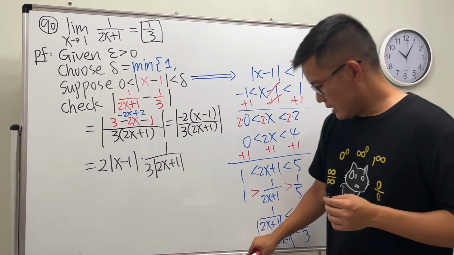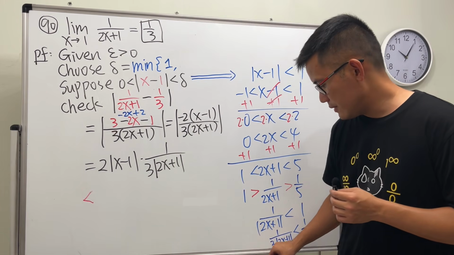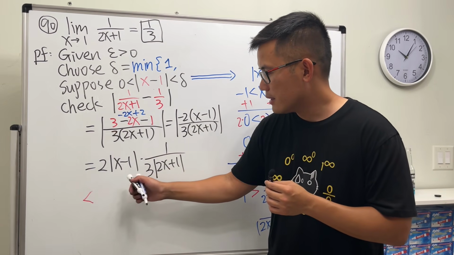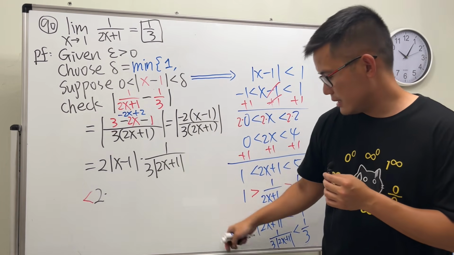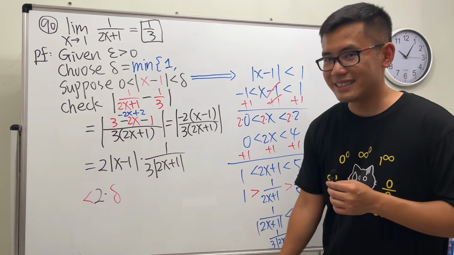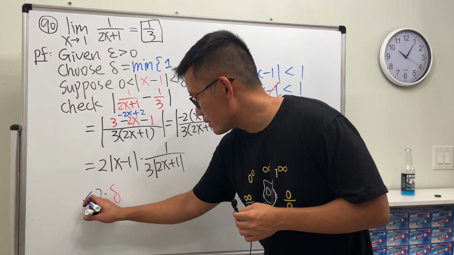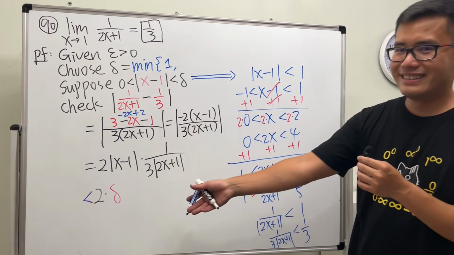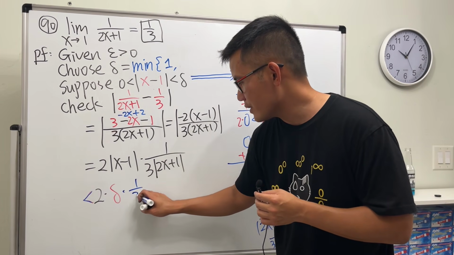The 2 is still 2. This is less than delta. I forgot to say that earlier. I was too excited to work that out. And this thing, let me just do like purple, it's less than 1 over 3. So multiply this and then we get 1 over 3.